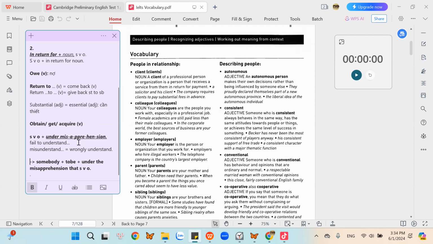You do something under misapprehension, or you can say that I am under misapprehension that I have to study many new words by learning the pronunciation and learning by heart the definitions, which means I am under misapprehension that I have to learn new words by learning pronunciations and learning by heart the definitions.